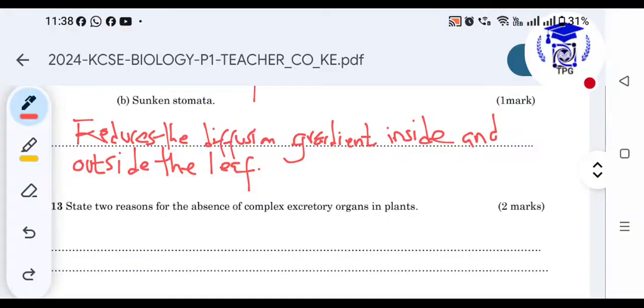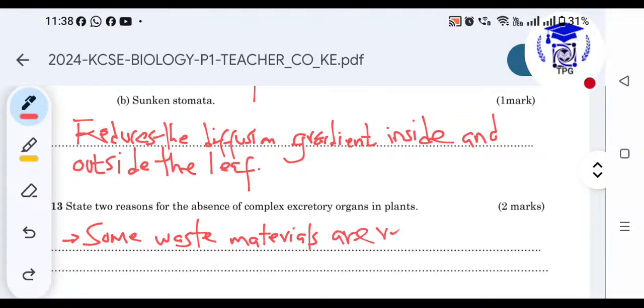Number one is that some waste materials are recycled or reutilized.